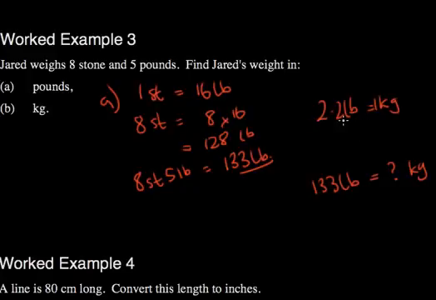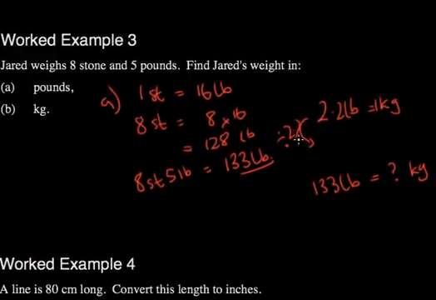What do we need to do to the 2.2 to make it into 133? We could do this in 2 stages. We divide it by 2.2 to get 1 pound, and then we do the same to this side as well. So to divide that by 2.2.